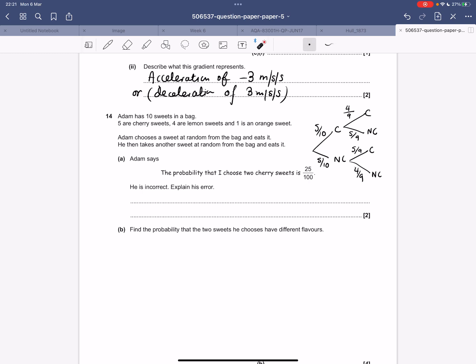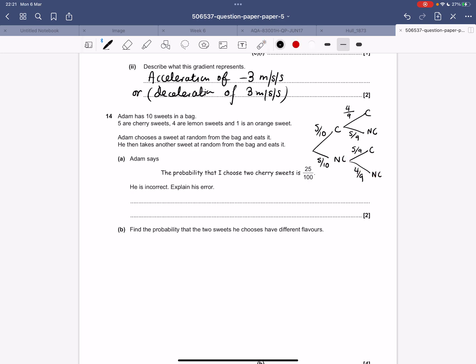That makes sense? So on this branch, the cherries have gone down. They're always out of 9, but the number of cherries has dropped to 4, whereas not cherry has stayed as 5. If he hasn't got a cherry first time, he's still got 5 in the bag. Or if he does get a cherry, it's gone down to 4 in the bag because he's eaten it.